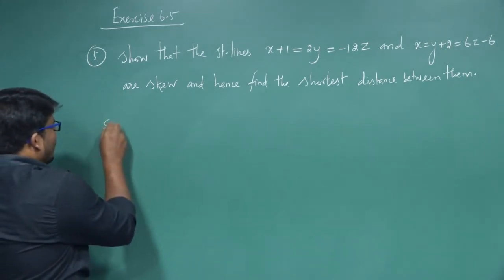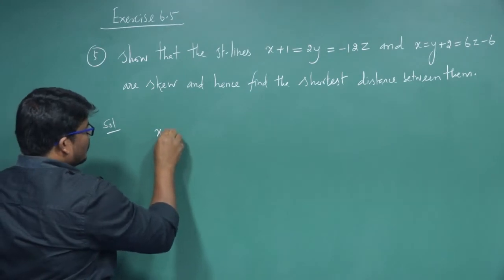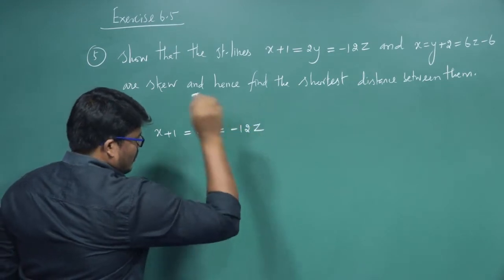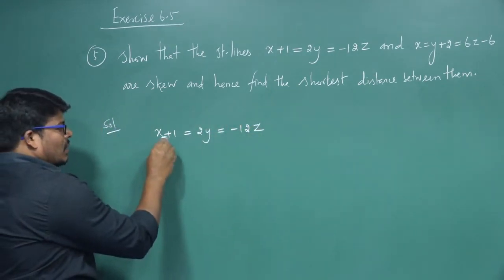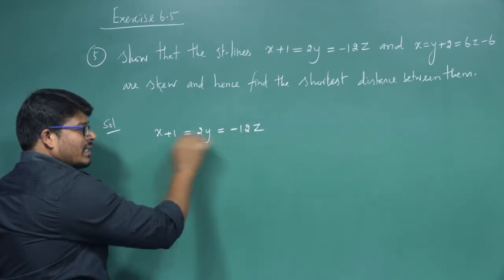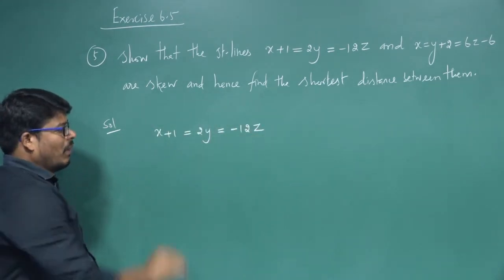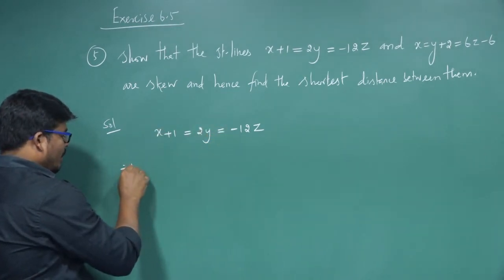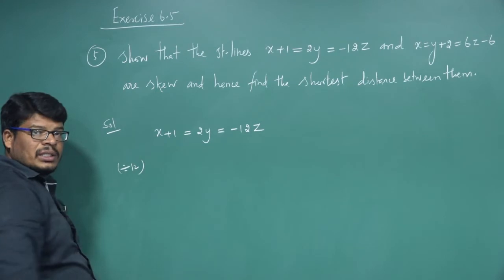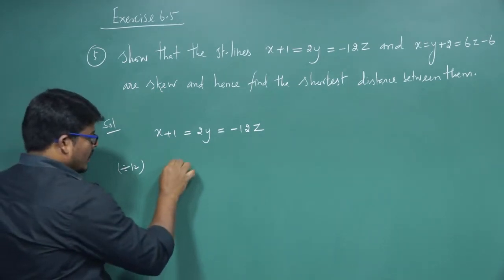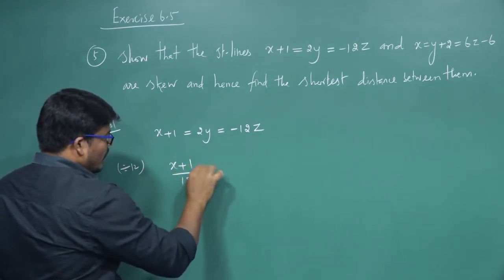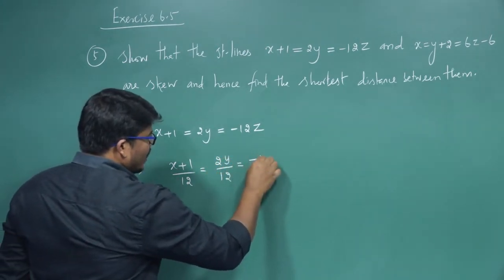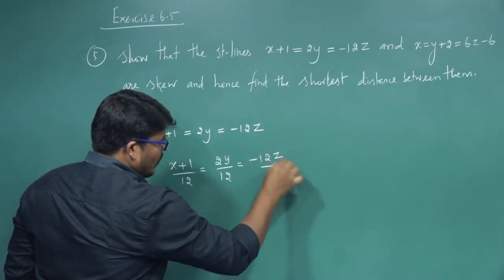First, write the first equation: x plus 1 equal to 2y equal to minus 12z. This is in a form that is not yet Cartesian. Now write it in Cartesian form. Divide both sides by 12: x plus 1 by 12 equal to 2y by 12 equal to minus 12z by 12.